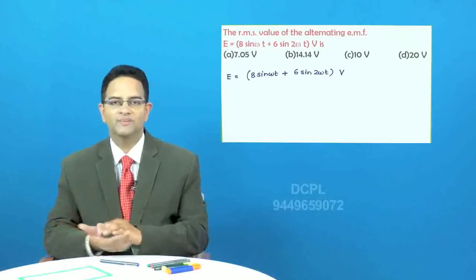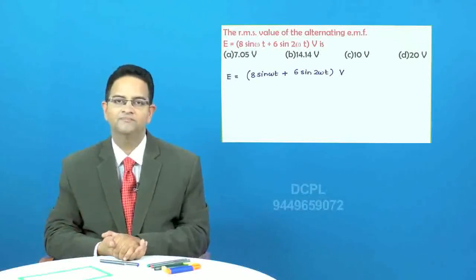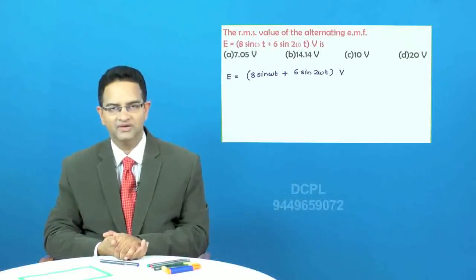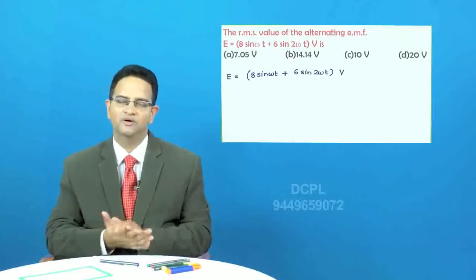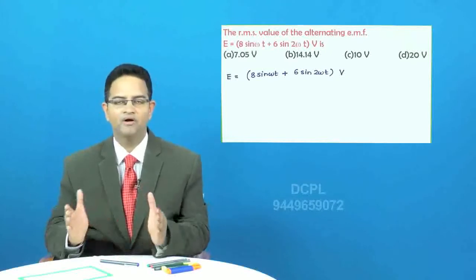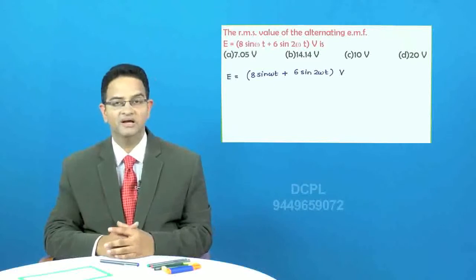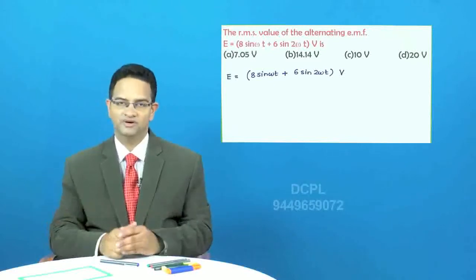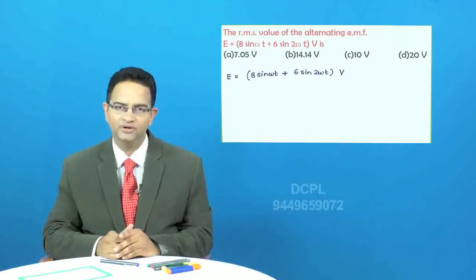E2 by root of E1 square plus E2 square can become cos alpha. Then you may use cos A cos B plus sin A sin B form or sin A cos B plus cos A sin B form and accordingly get an expression for the peak value of the EMF. Anyways, we are going to skip both the methods and we are just going to use a shortcut.